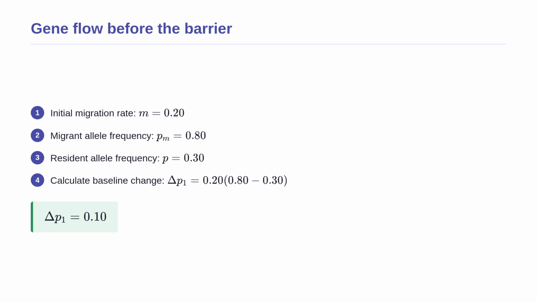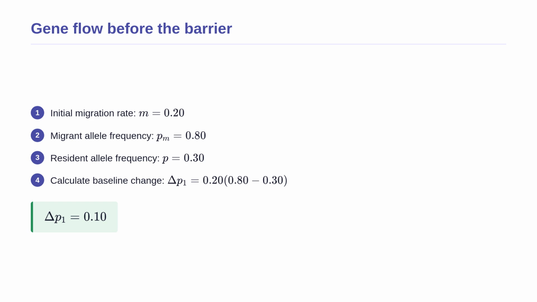Let us apply this formula to a concrete example to see it in action. Imagine two populations of frogs. Before any barrier existed, the migration rate between the two groups was 0.20. The allele frequency for green skin in the migrant population is 0.80, and in the resident population, it is 0.30. We want to find the baseline rate of genetic change before any barrier existed.